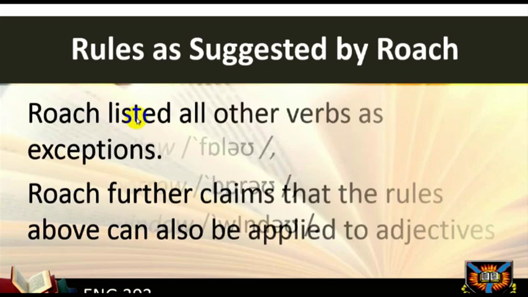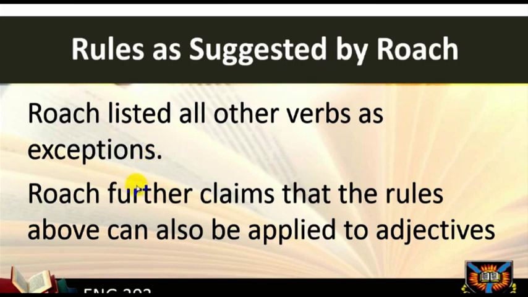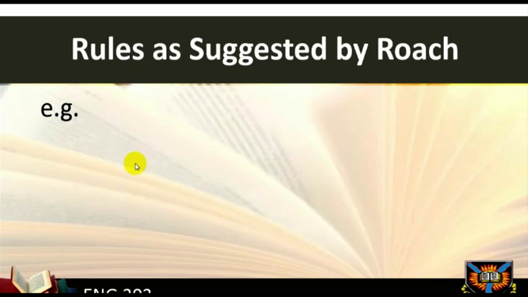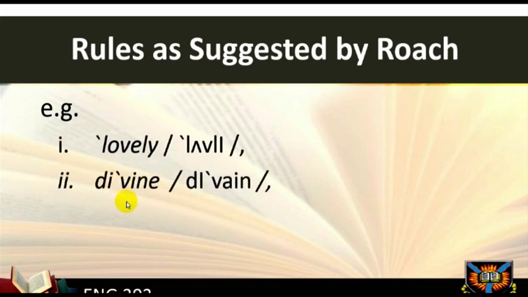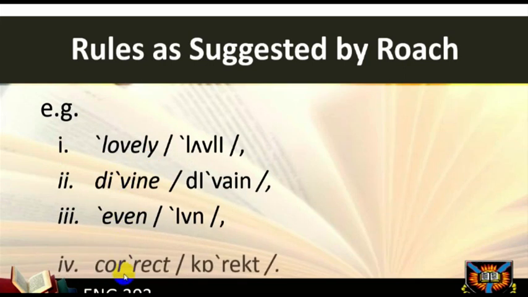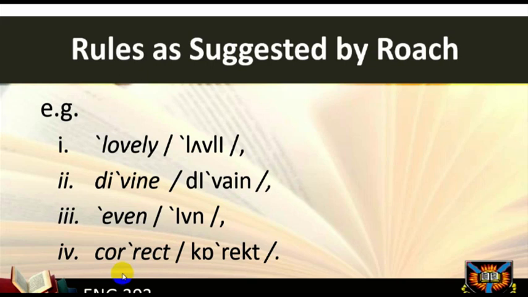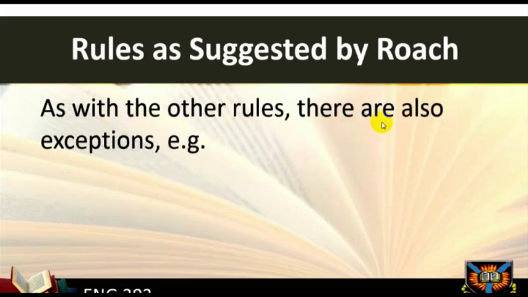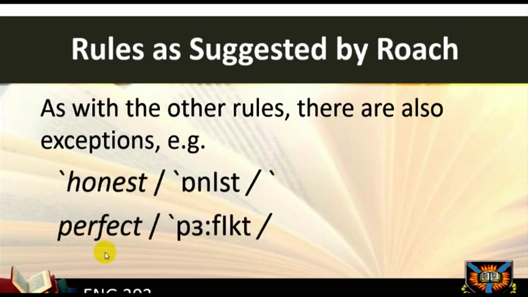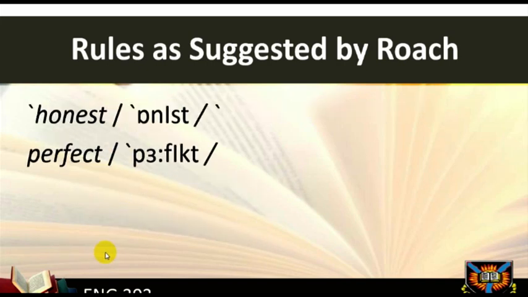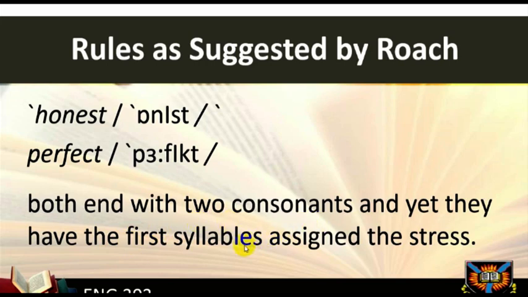Roach listed all other verbs as exceptions. Roach further claimed that the rules above can also be applied to adjectives, e.g., lovely, divine, even, correct. As with other rules, there are also exceptions, e.g., honest and perfect. Both end with two consonants and yet they have the first syllable assigned the stress.